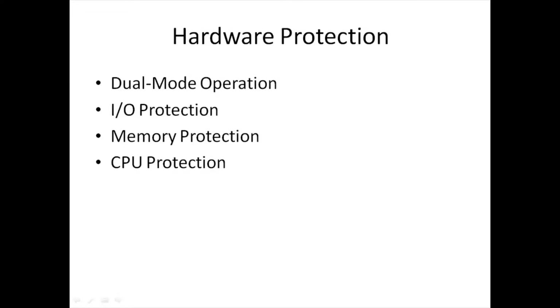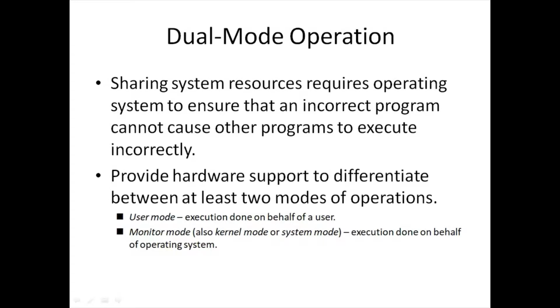And then we discuss hardware protection. There are mainly four types of protection: dual mode operation, I/O protection, memory protection, and CPU protection. So in dual mode operation, what happens?